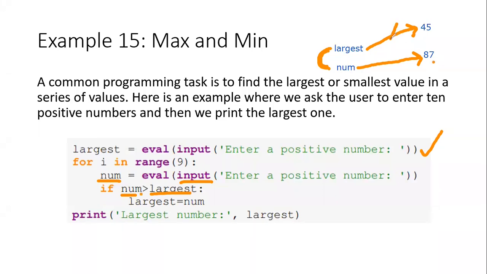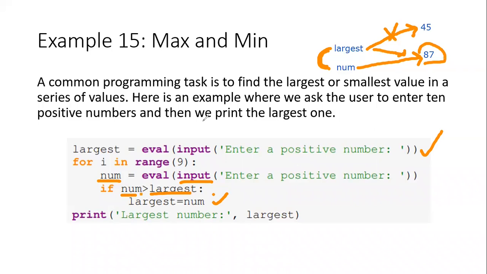The old pointer will be deleted and largest will point to this one. That is the purpose of this line. Is that clear? Then largest is equal to 87.